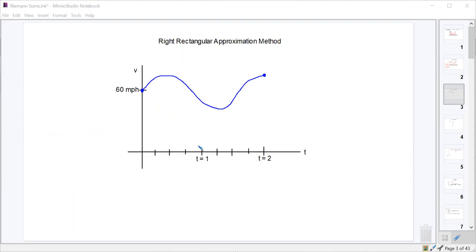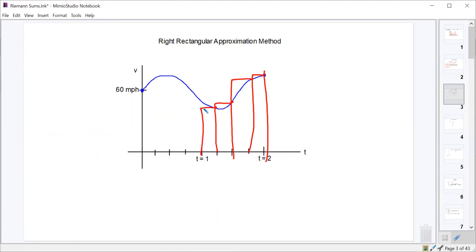All right, what about the right rectangular approximation? Same thing, except that we start on the right endpoint and make our rectangles. Pretend that my rectangles actually look like rectangles. It's hard to draw on the laptop screen. The right rectangular approximation method is the one that we normally use to develop the actual integrals. And what happens when f is increasing?